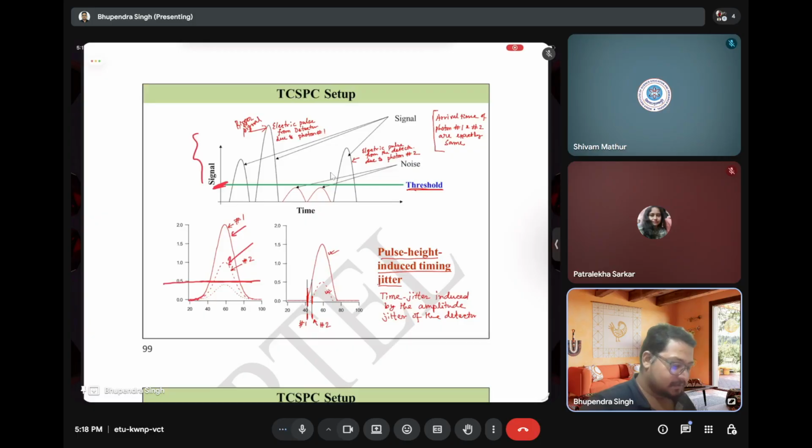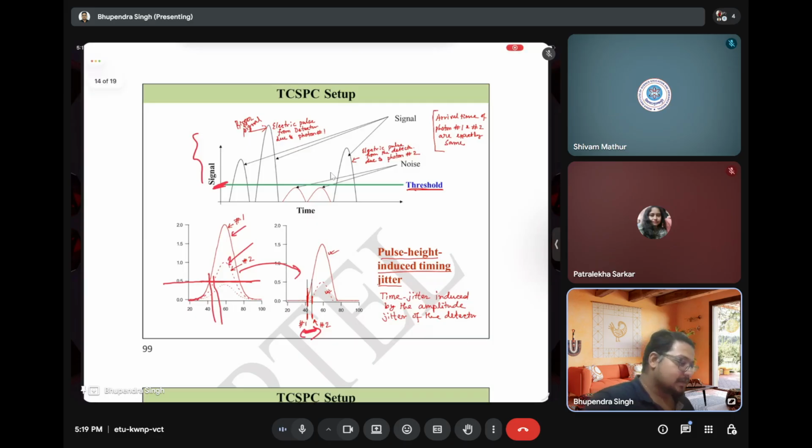So if you plot this, there is a gap in time here. This gap has to be minimized. Even though pulses of different amplitude are coming at the same time, due to this noise we have to put the threshold, and there is a time jitter between both the pulses.